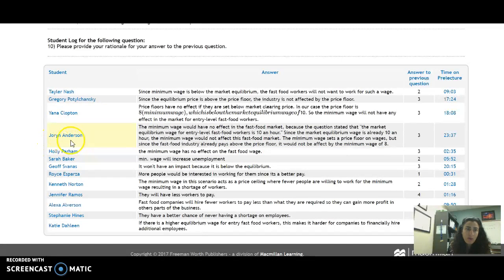Jorin said the minimum wage would have no effect because the market equilibrium is already $10 an hour, so a minimum wage of $8 an hour will not have an impact. Correct. Those of you who chose correctly explained it very well.